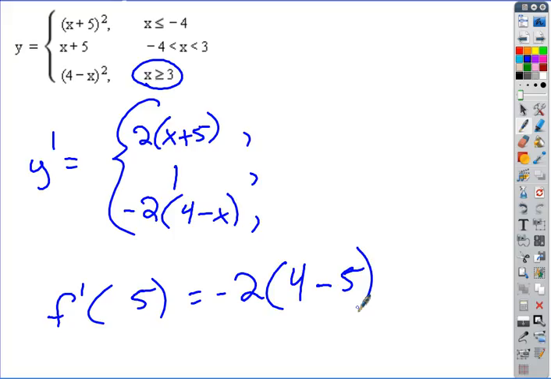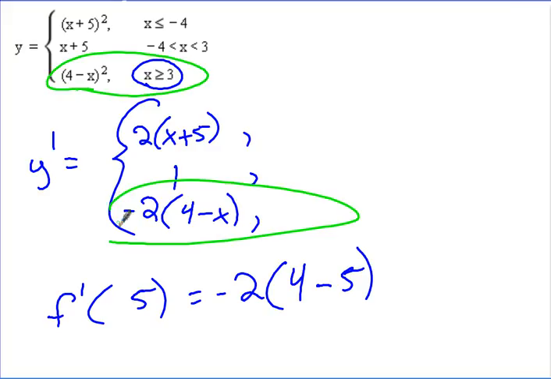But if we were to evaluate it at 5, we're just going to evaluate the piece of the derivative that makes sense when x is 5. When x is 5, we're on the bottom piece of the function, right?